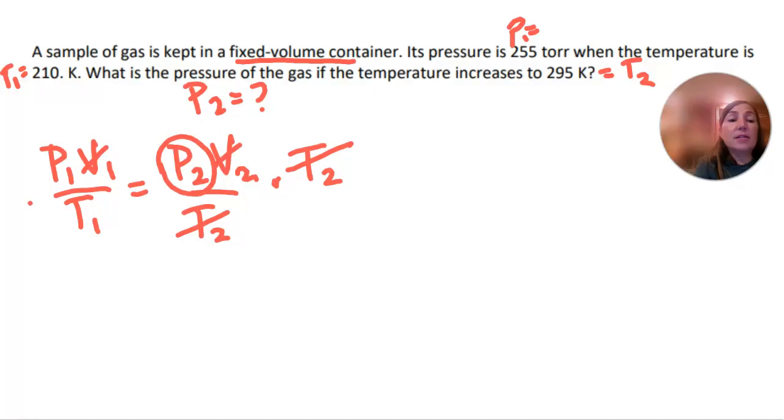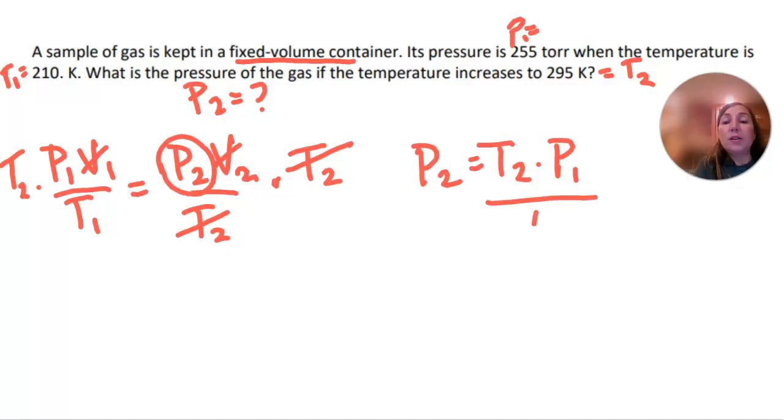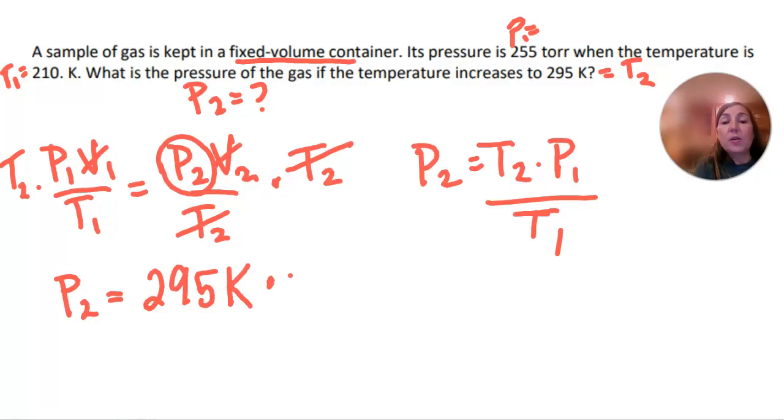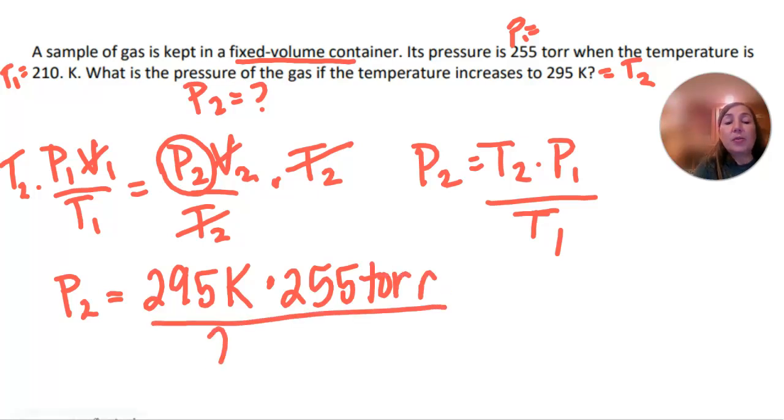So T2 cancels on the right and we'll multiply by T2. So basically P2 equals T2 times P1 over T1. Okay, so our pressure P2 will be our T2, 295 Kelvin, times pressure 1, 255 torr, divided by temperature 1, which is 210 Kelvin.